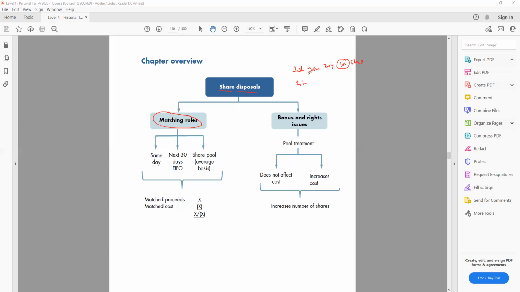First I need to use any shares I bought on the same day. It's the same day rule. If I buy shares in the morning and need to sell shares in the evening, I have to use the shares I bought in the morning first, then I can move to the previous week or the previous year. The next one is the next 30 days, FIFO.